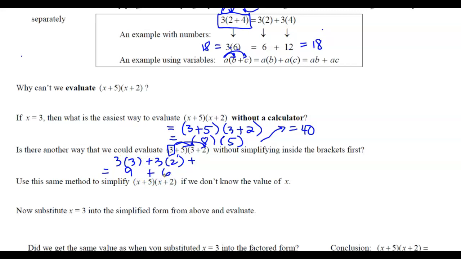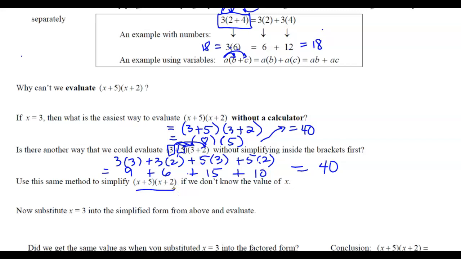Well, then what if I distribute the 5 with everything? So plus 5 times 3 plus 5 times 2. Well, that's 15 and 10. What does 9 plus 6 plus 15 plus 10 add up to? 40. Ooh, it's math magic. Okay, so it's the same thing. This is the long way if it's all numbers, but if it's 2 binomials with variables, it's the only way.